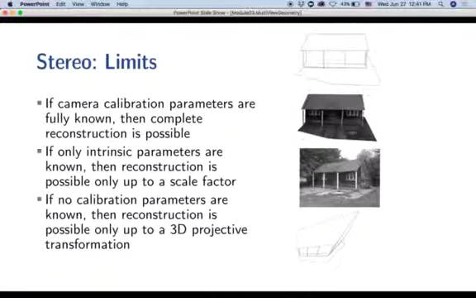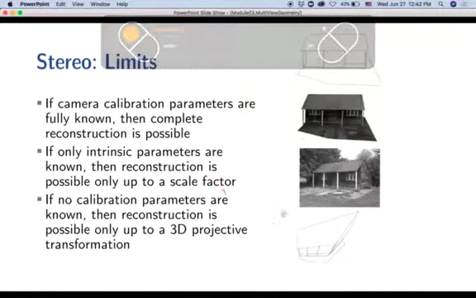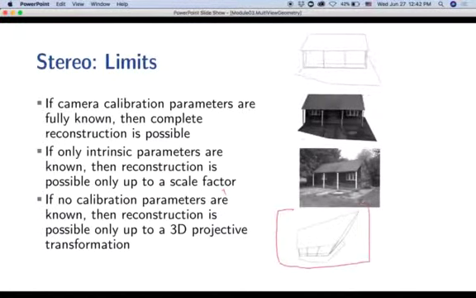And if no calibration parameters are known, you can still do reconstruction, but that reconstruction will be up to a 3D projective transformation of the actual structure, which means you can get a reconstruction like this, shown in this figure. If you know no camera calibration parameters, you might reconstruct this hut like this. It's a 3D projective transform of the actual structure. This is a fundamental theorem in stereo.